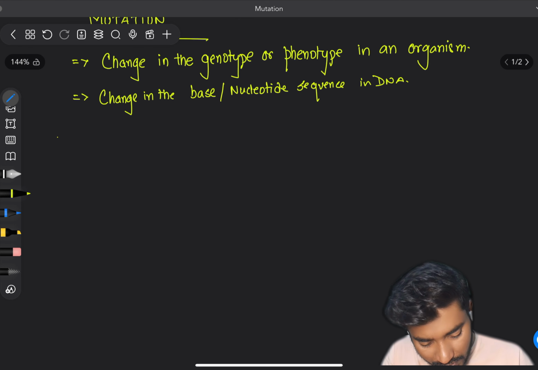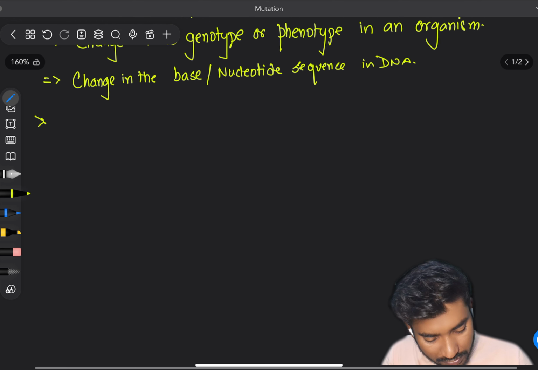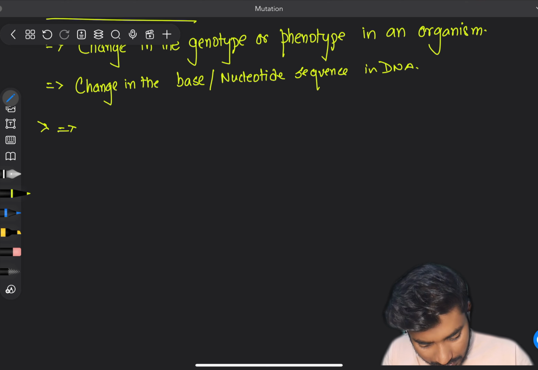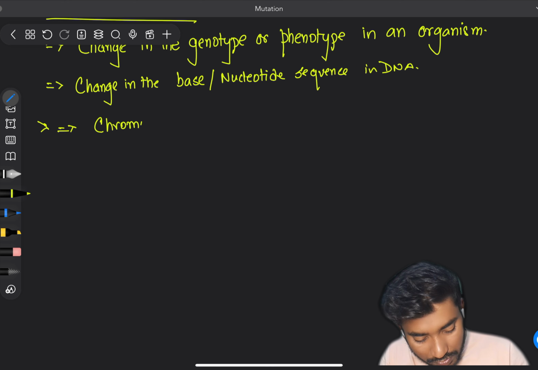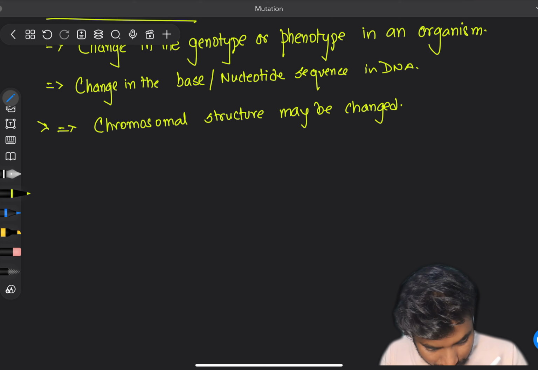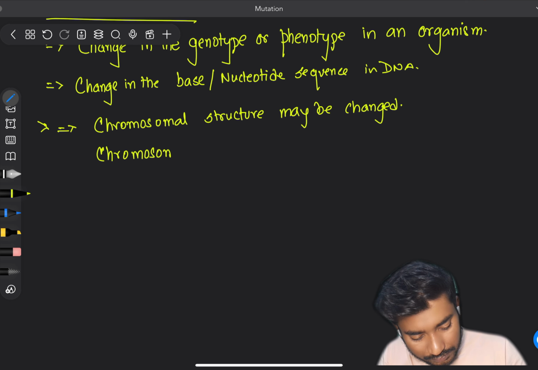The third point is that the chromosomal structure may be changed. Chromosomal number may also be changed.